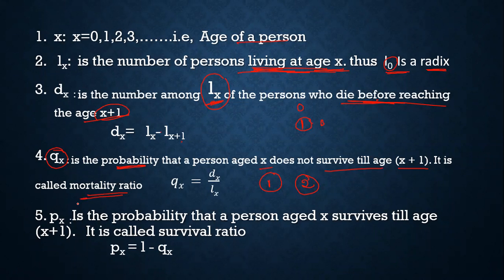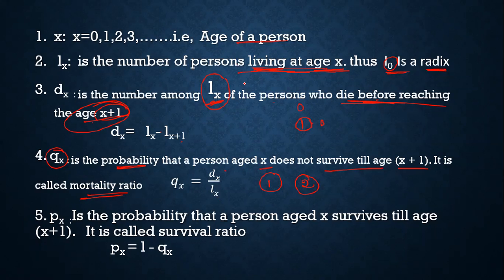So they may ask you to find the mortality ratio. What is the formula? We need DX. Why DX? Because we are considering persons who die before reaching age X plus 1. Before we could reach X plus 1, the next birthday, we find it as DX. So we need DX divided by LX. Why do we need LX?